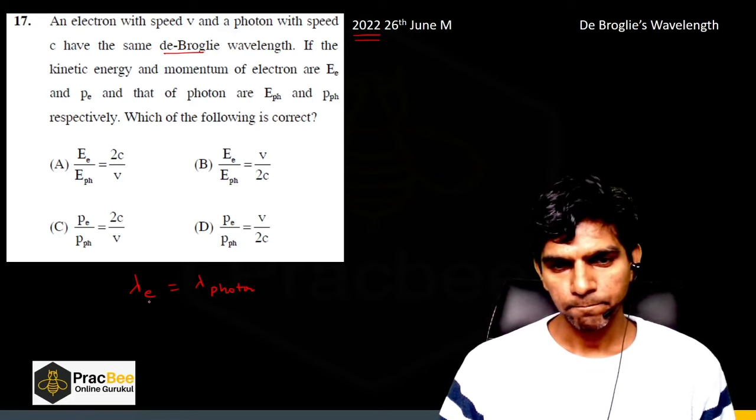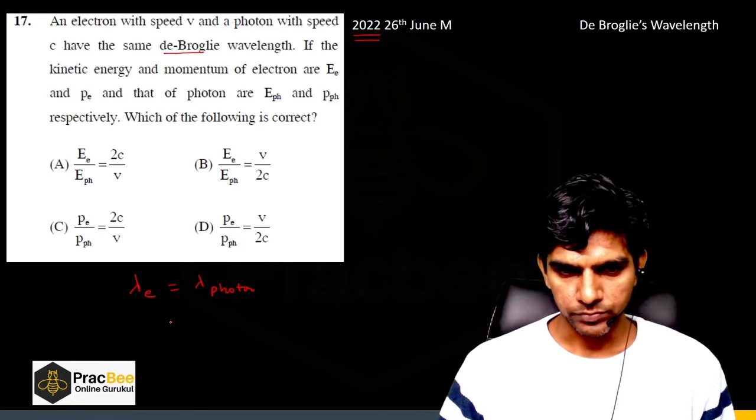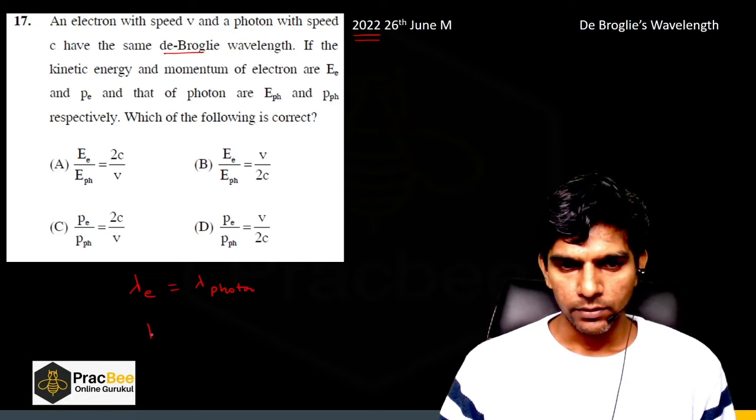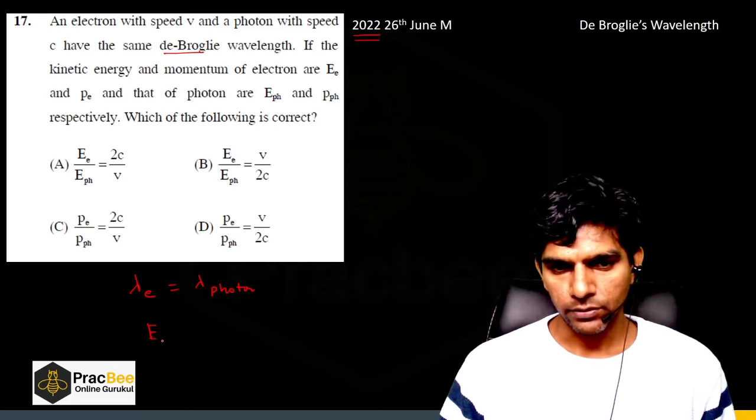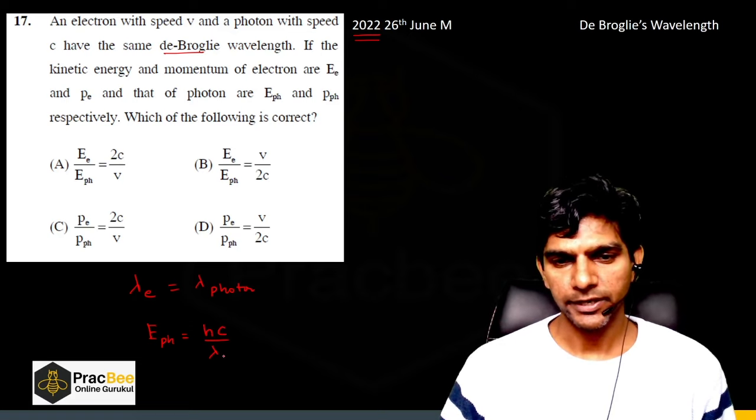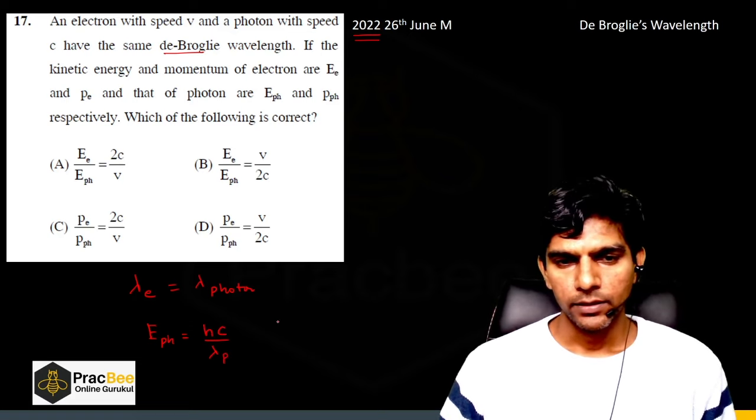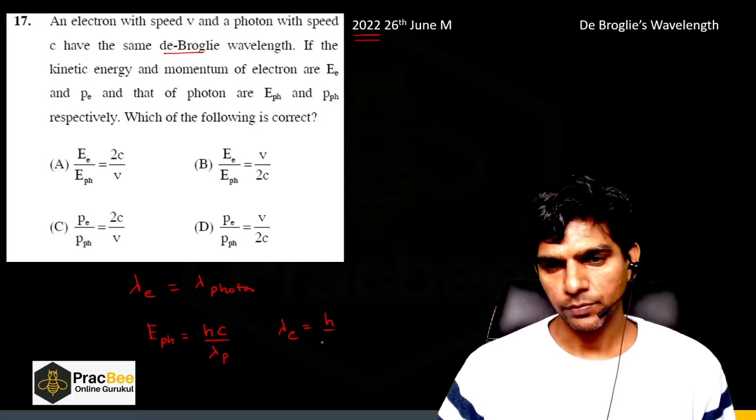Lambda is same, right? So we know that energy of photon can be written as hc by lambda of photon, right? And lambda of electron can be written as h upon mv.